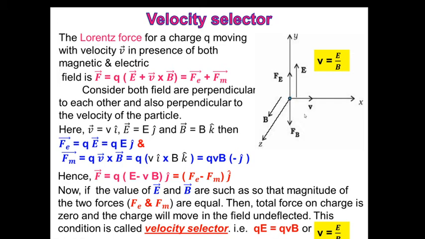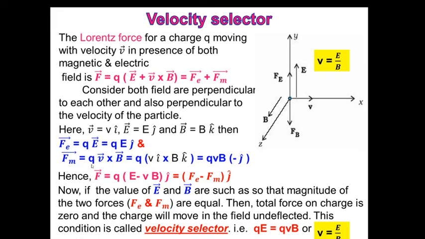Now a simple case, as here, say the velocity V we can write as V i cap, electric field E j cap, and magnetic field B k cap. So what will be the electric force? F equals qE, along j cap.